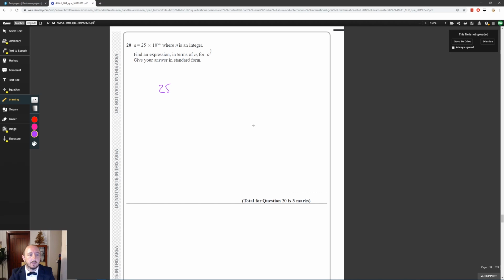So we take 25 times 10 to the power of 14n and raise it to the power of 3 over 2. We take each part separately: 25 to the 3 over 2 times 10 to the 14n to the 3 over 2.